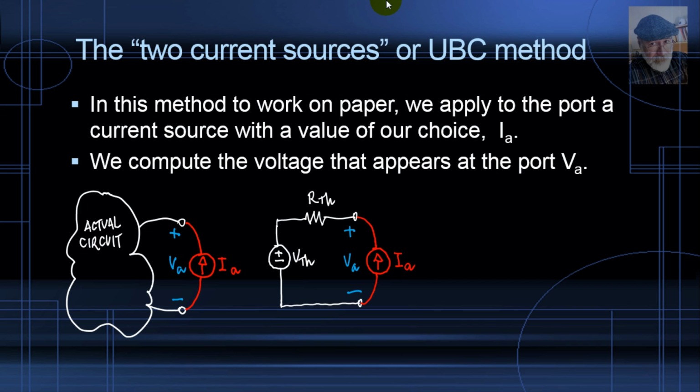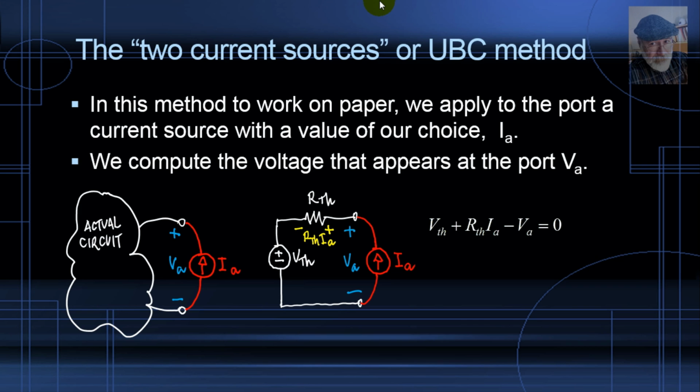Now that current IA of the source must produce a voltage drop in that R Thevenin with the value RTH IA, isn't that so? And with those three voltages, we can write a KVL equation around the loop, going up by VTH, going up by RTH IA, going down by VA.